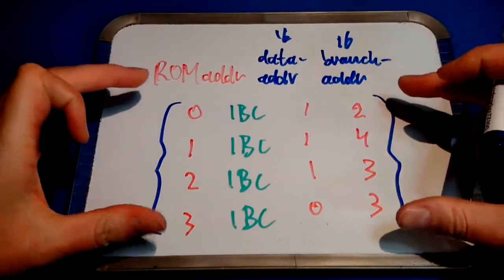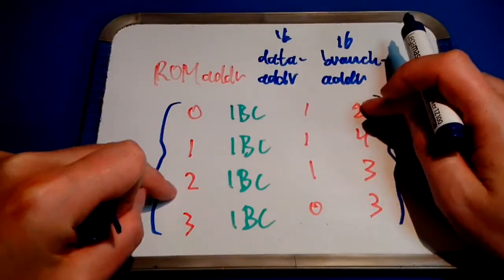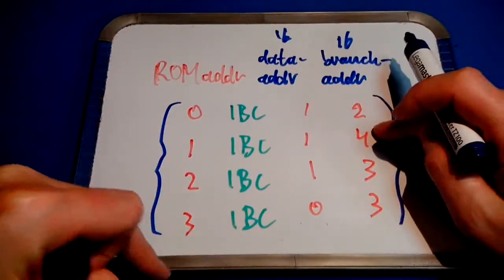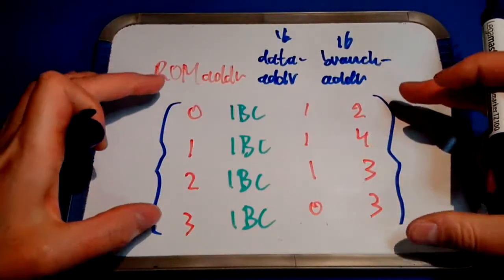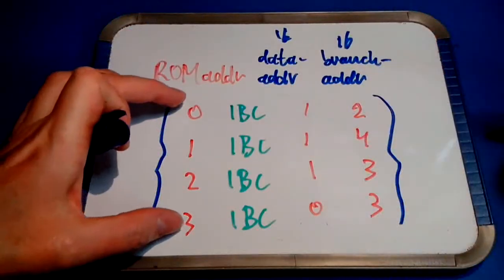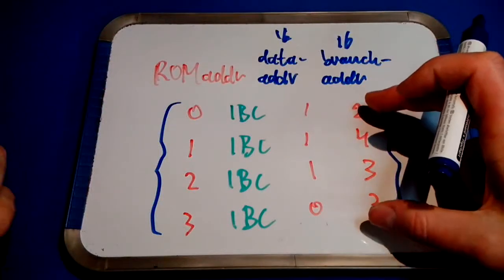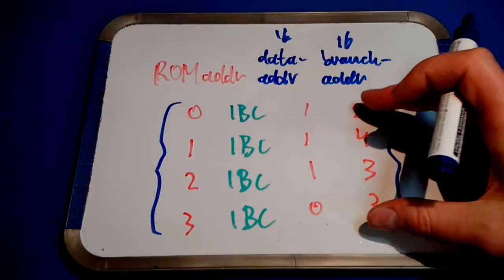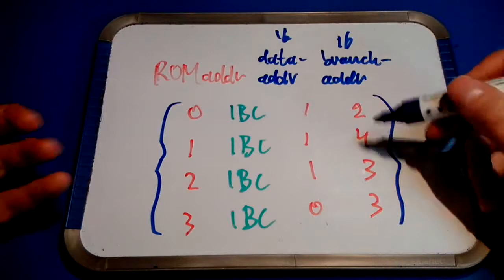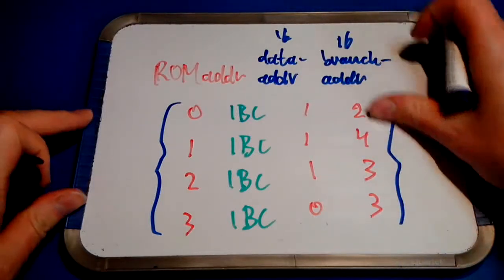The problem with this is that it's not easy to read. You'll have to match numbers. So 2 is there, 4 is there. Plus, if you shift this whole program to another location within ROM, this column would change, obviously. And in order to have the program do the same as it did before, this column also has to change. You will have to add an offset to these numbers.